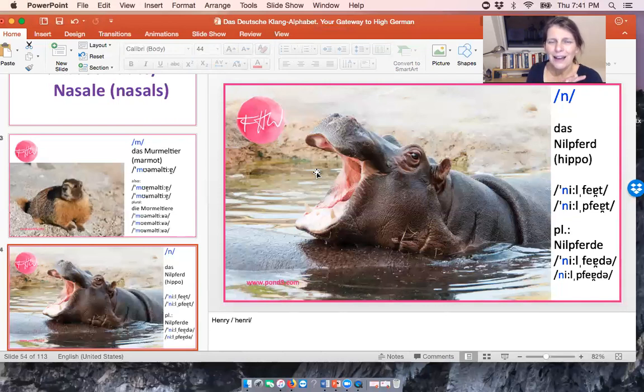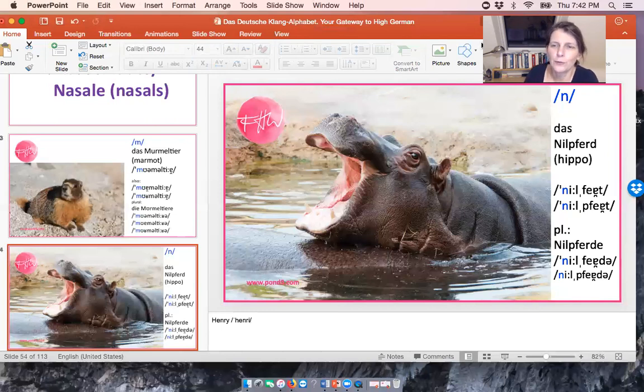So the quality of the vowels is different in English, and the nasals are more sonorant. So it's a more voluminous and more humming experience in English, I think. In German, the quality of the nasals is a little bit different, but the production of the nasals is the same as in English.